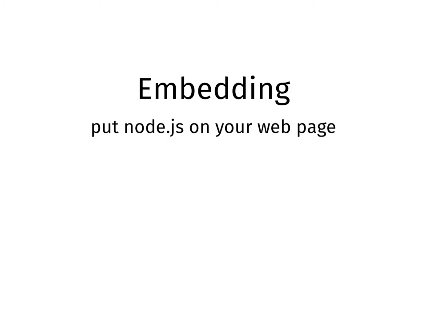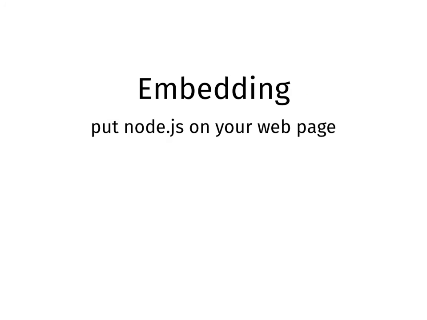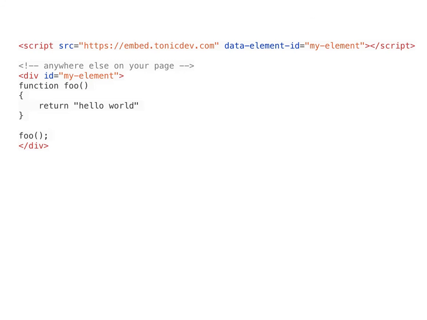We also support embedding, which I thought I had another slide on, but I'll just tell you about it. Embedding allows you to put essentially a one-cell Tonic notebook on any web page. I got the slides out of order. There it is. So this is how you do it. It pretty much works like you think it would.